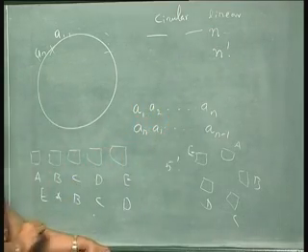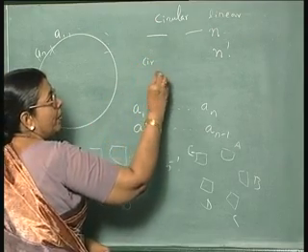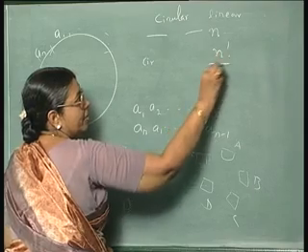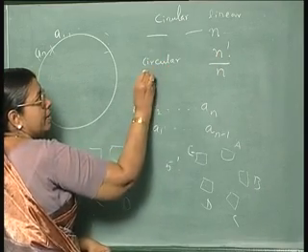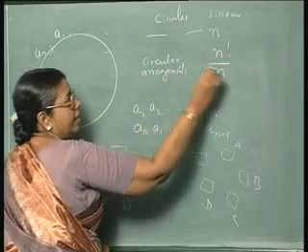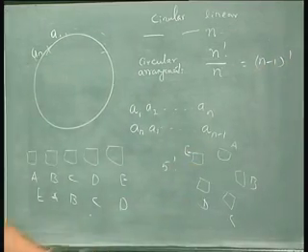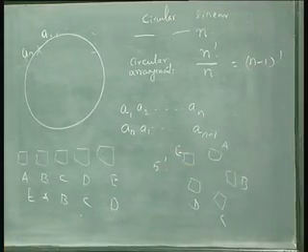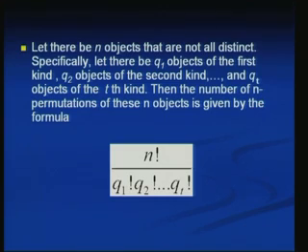So, dividing by n gives the number of circular arrangements, and that is equal to n minus 1 factorial. So, the number of ways in which n objects can be arranged in a circular way is given by n minus 1 factorial.